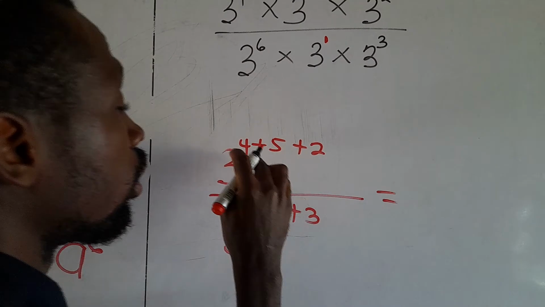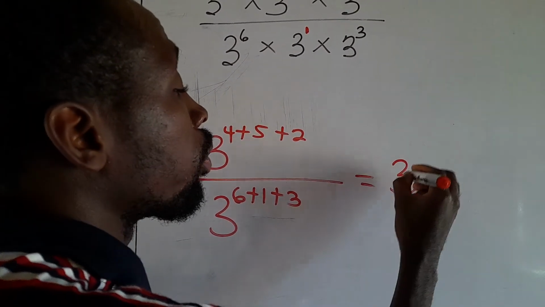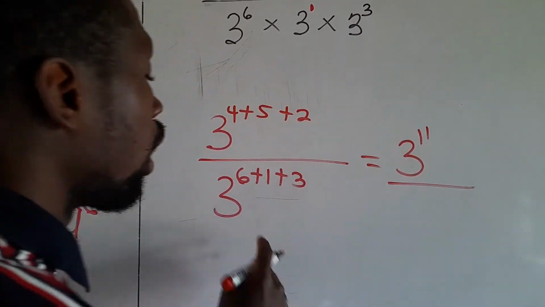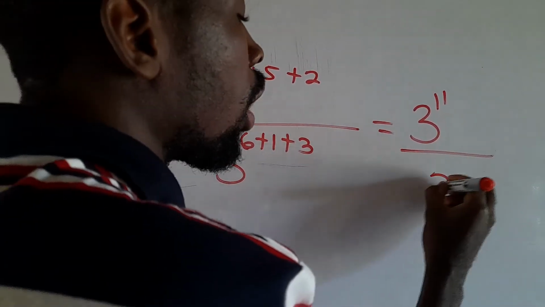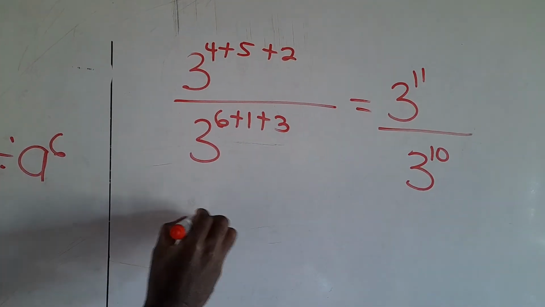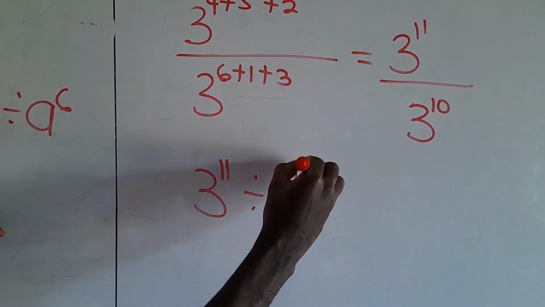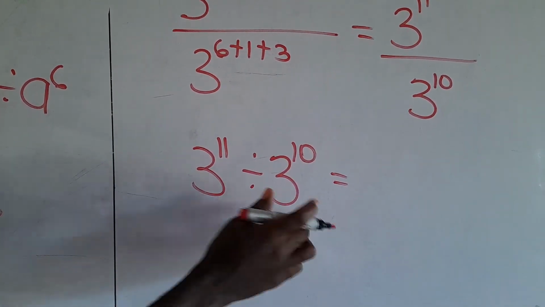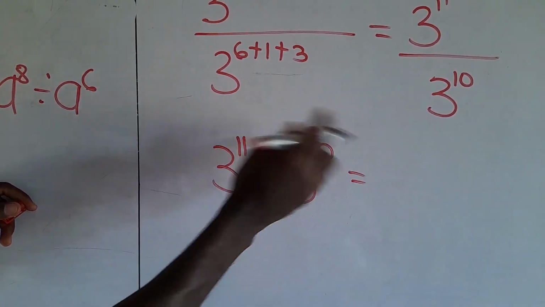So what are we having? 4 plus 5 is 9. 9 plus 2 will be 11. So I have 3 exponent 11 over 6 plus 1 is 7. 7 plus 3 is 10. So I have 3 exponent 10. This can be rewritten as 3 exponent 11 divided by 3 exponent 10. So when two indices are dividing with the same base, we just subtract the exponent.